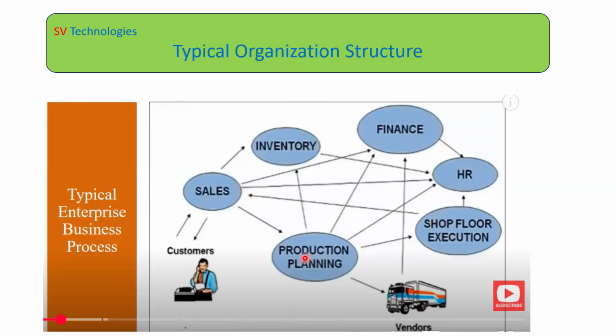Let us say, after getting the requirement from the sales department for the 10 biryanis, another scenario I'm telling you. Let us say whatever raw material is required, if the sufficient quantity is not available in inventory, then what will these people do? They will have to procure the required raw material from outside. So they will place a purchase order with the suppliers to get the required raw material.